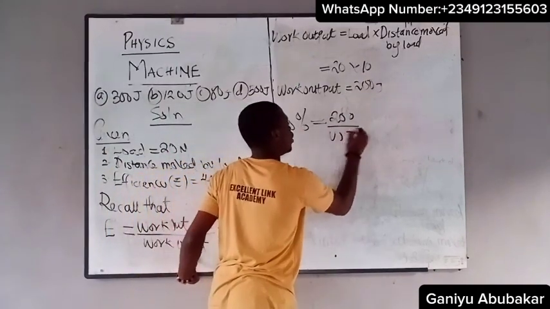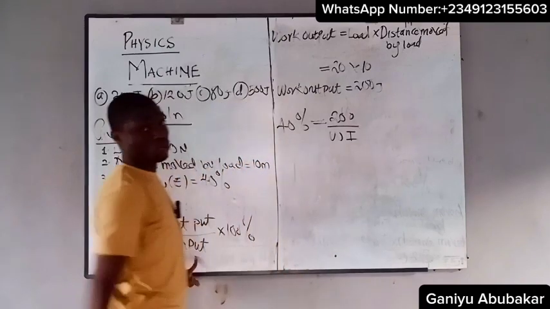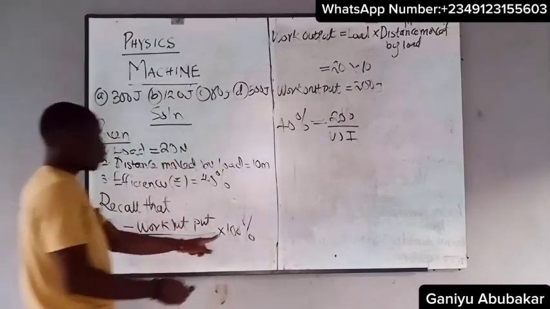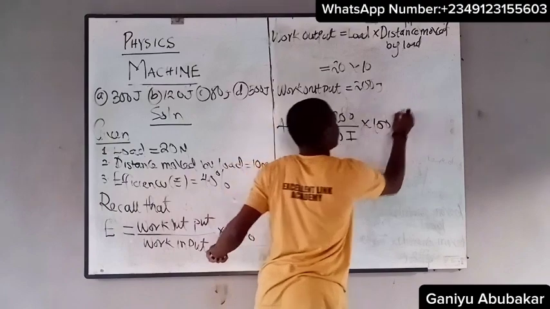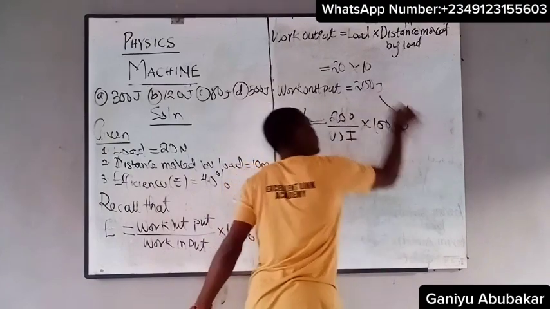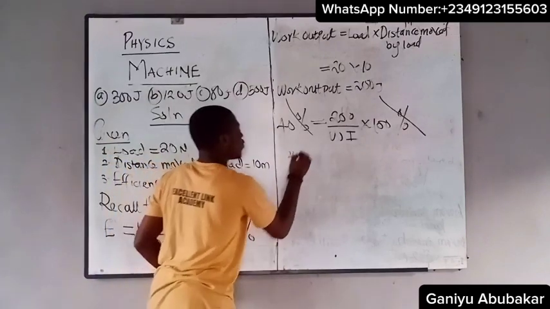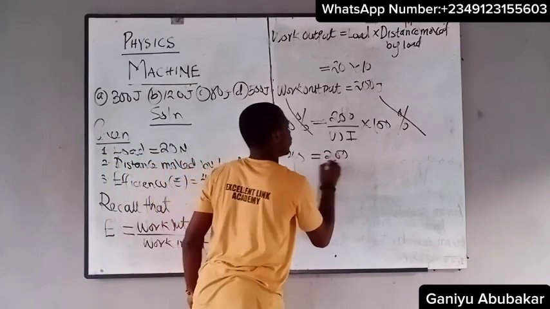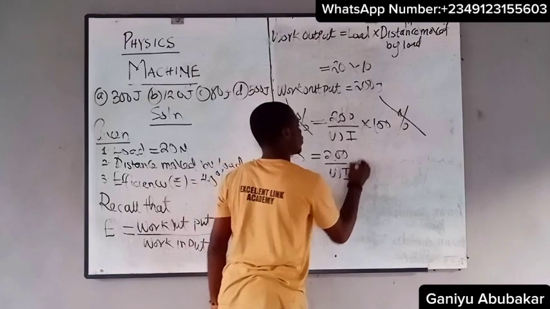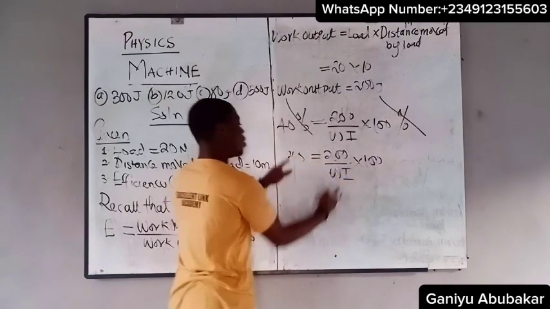Let's call it W in if you want to reduce the space, times 100%. Of course, percent cancels out percent. So 40 is equal to 200 all over work input times 100.